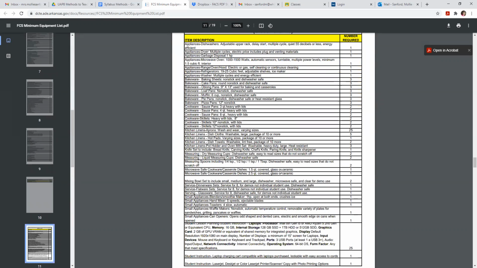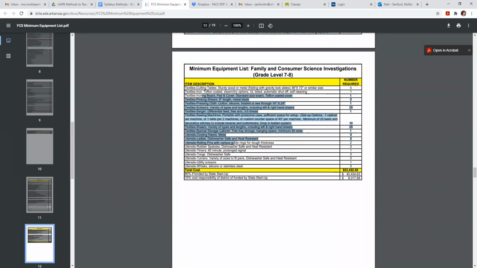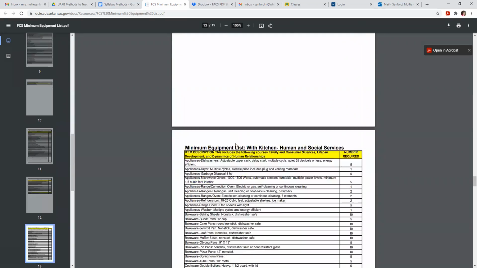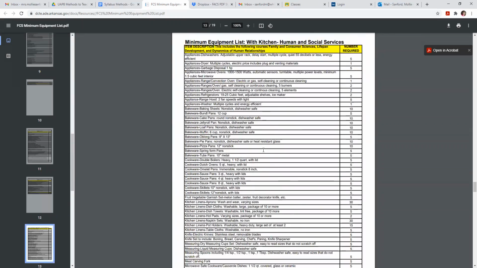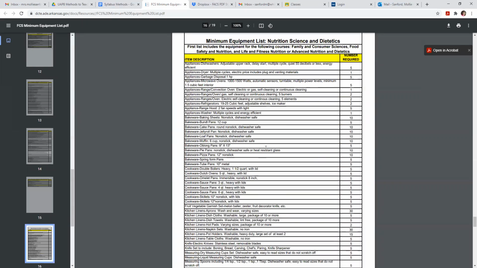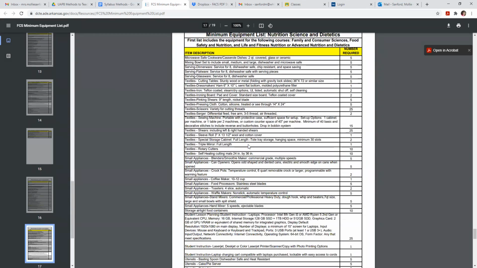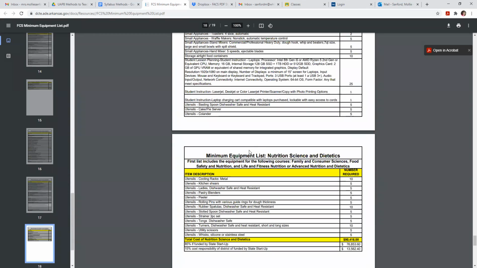This is all the stuff they need to have, which is all the cooking stuff and some technology. So they need some computers. They need some sewing stuff. Depending on what kind of pathway you're offering will let you know which one of these minimal equipment lists that you will need.